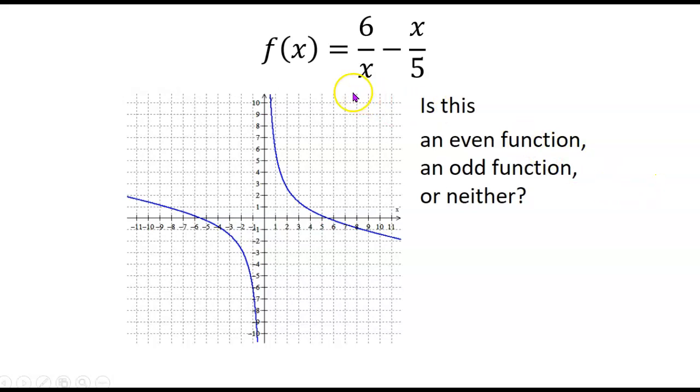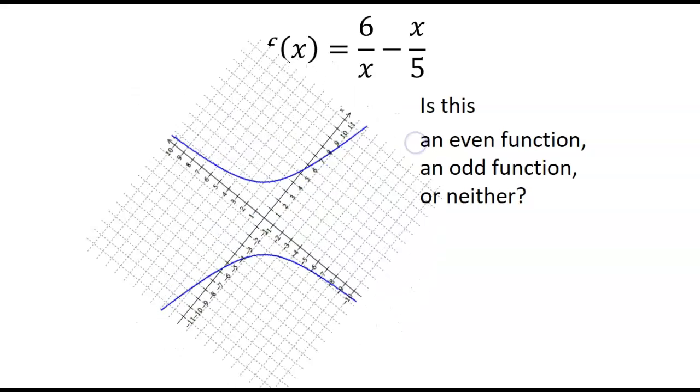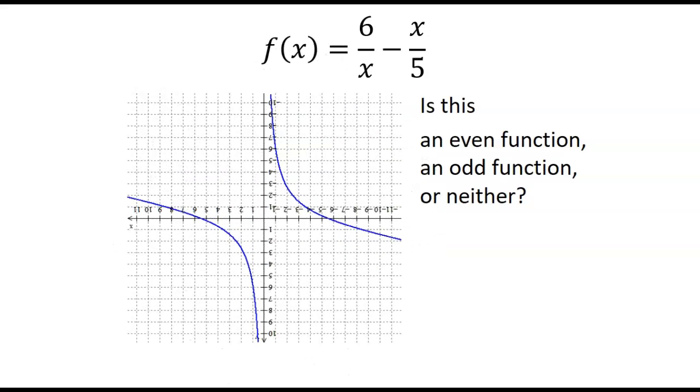What about this one? F of x equals 6 over x minus x over 5. It's not symmetric with respect to the y-axis, but is it symmetric with respect to the origin? Well, yes it is. It's got that origin kind of symmetry, so this is an odd function.